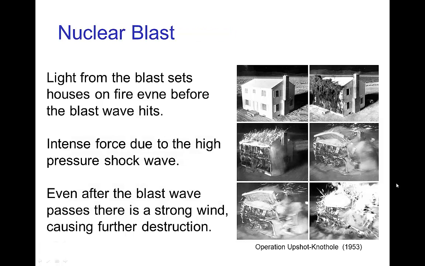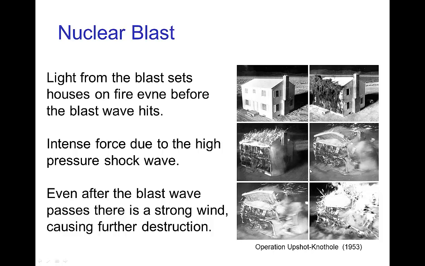So this type of blast wave, as I said, occurs with high explosives, and the extreme case would be a nuclear blast. Now, with a nuclear blast, here you see a house that was unoccupied. It was built just for testing of the effect of a nuclear blast on a house.